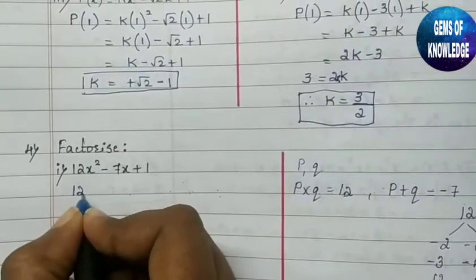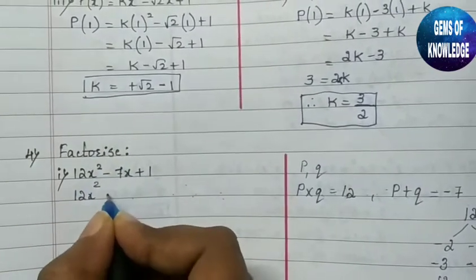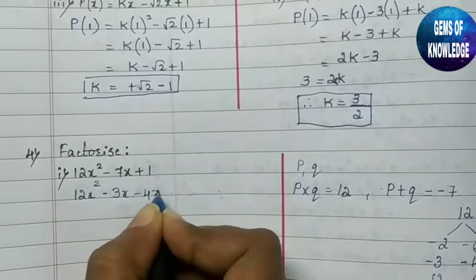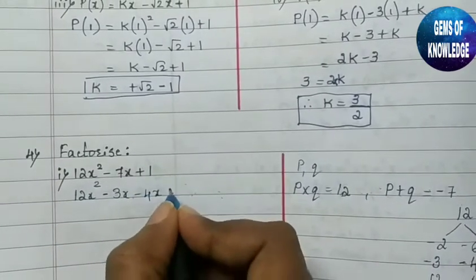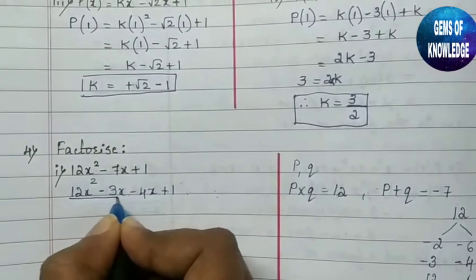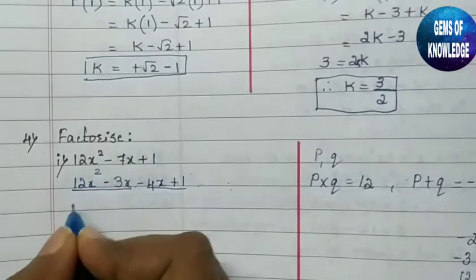So how are you going to write 12x square? Instead of writing minus 7x, you need to write minus 3x minus 4x, and this plus 1 will be written as it is. Now you need to group these two items and take common from here.